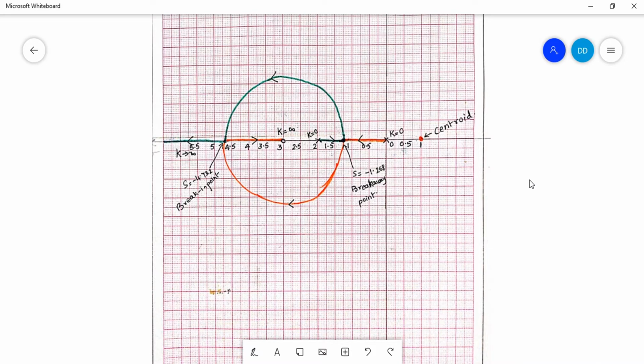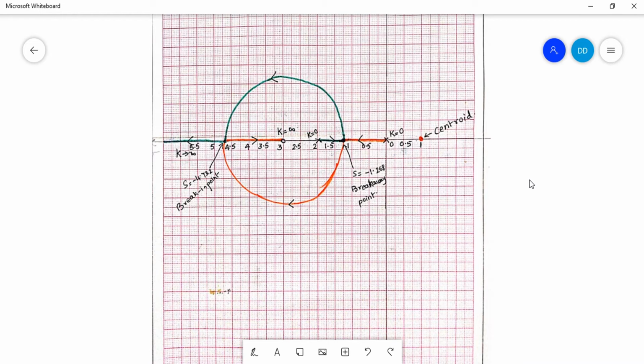This is how your root locus looks like. So for all the values of K, the system is stable because it is along the left hand side. There is no branch on the right side, so the system is stable.